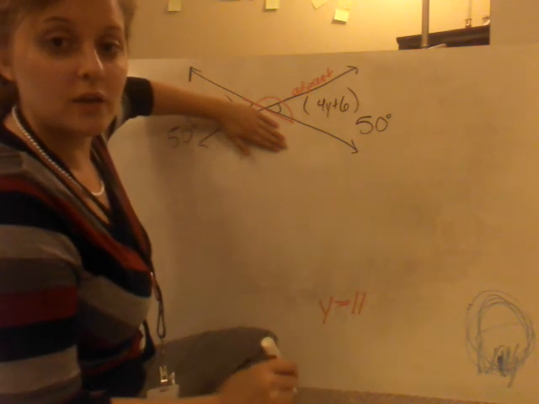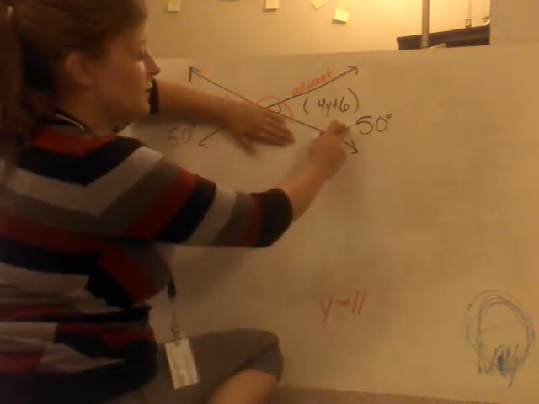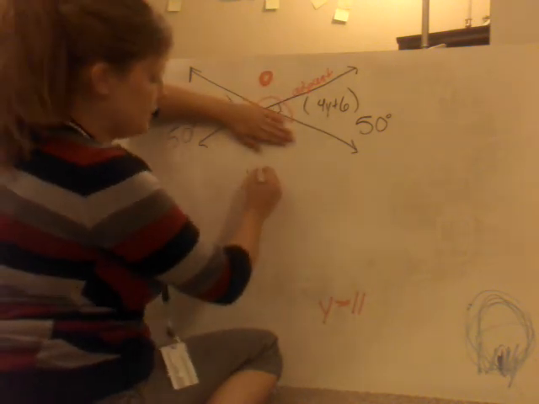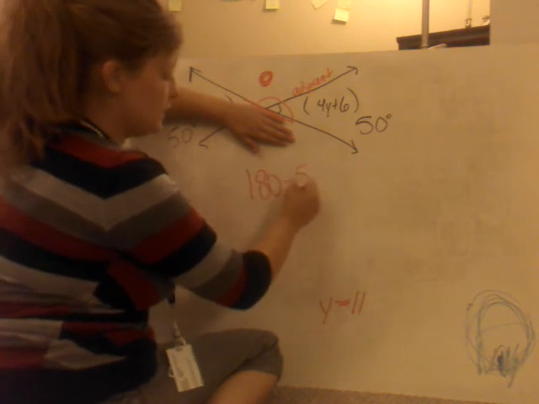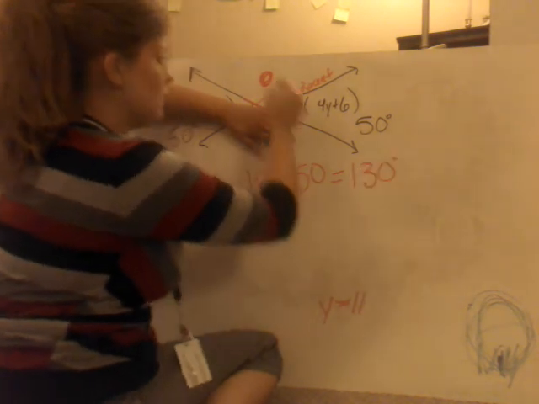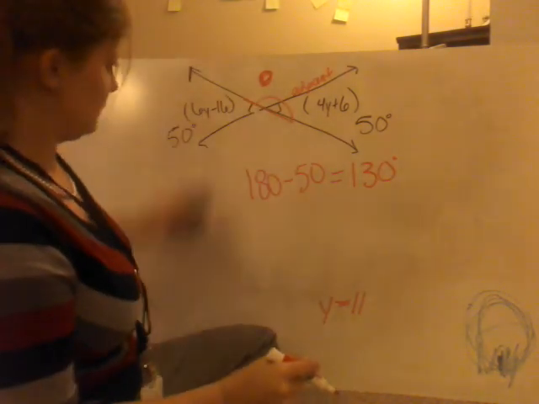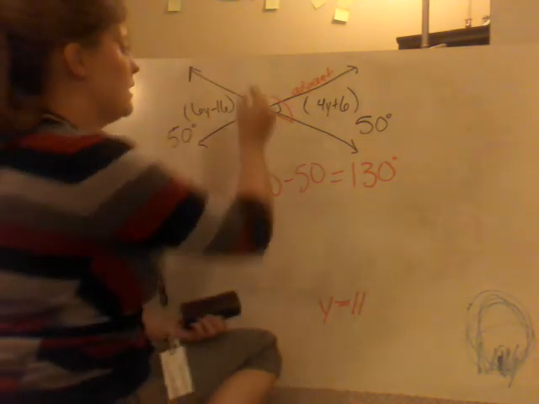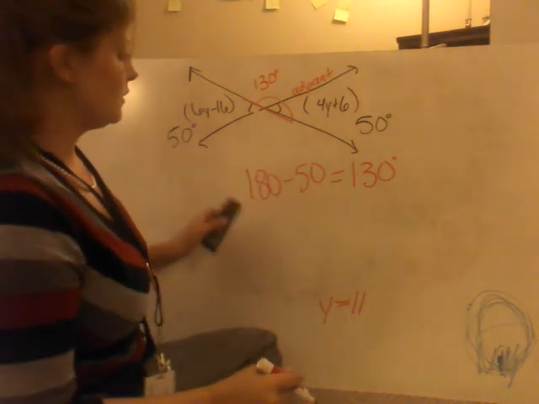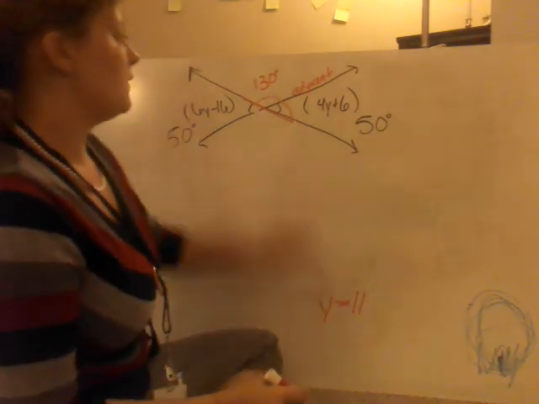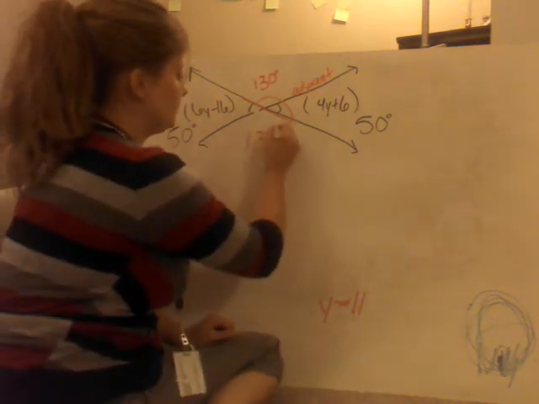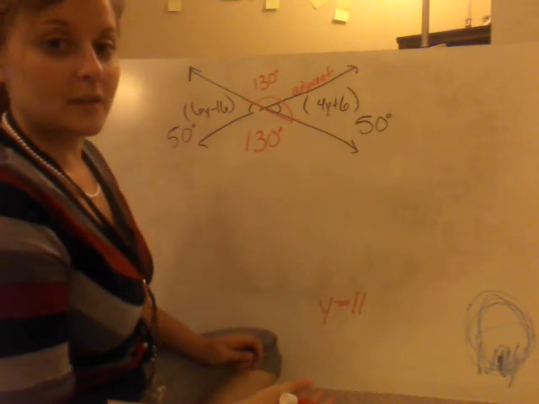Well, I know this is 50, so I need to know what this degree is. So I take 180 minus 50, and that tells me the other side is 130 degrees. So now I can write in 130 degrees. If this is 130 degrees, this side's 130 degrees. And that's all there is to it.